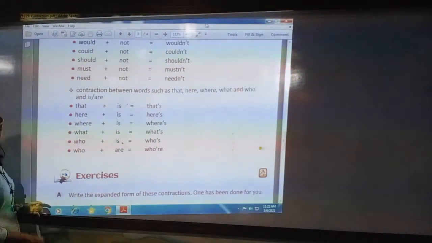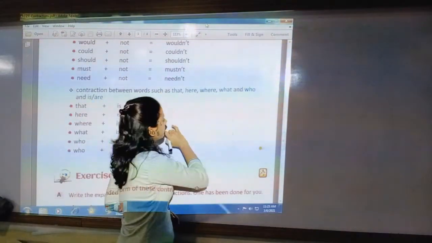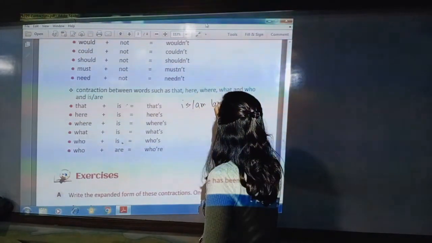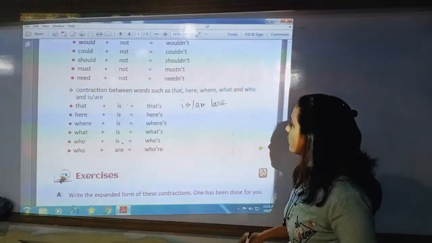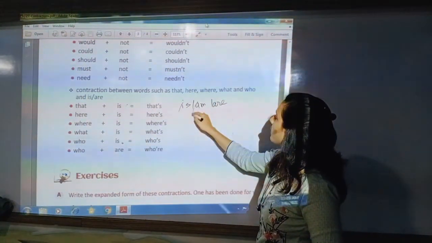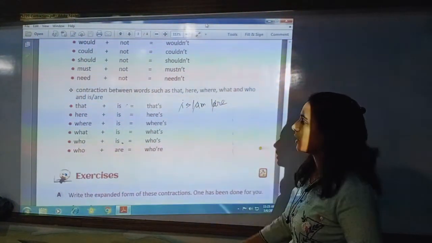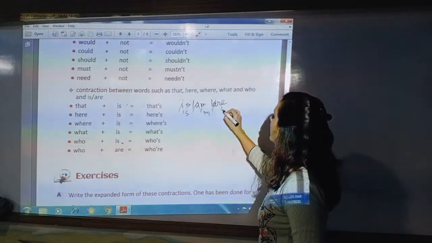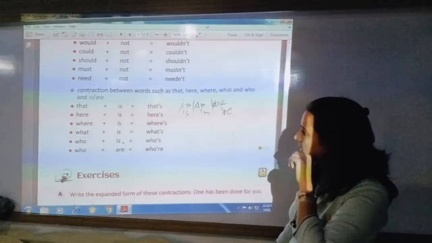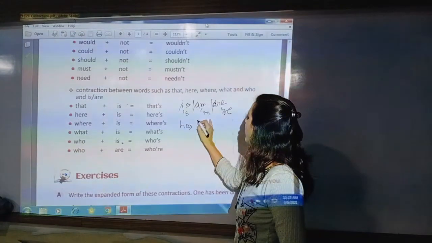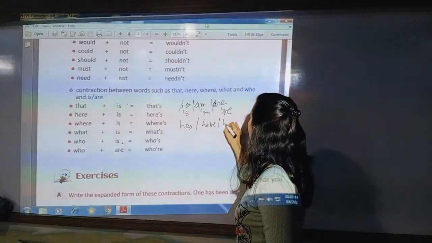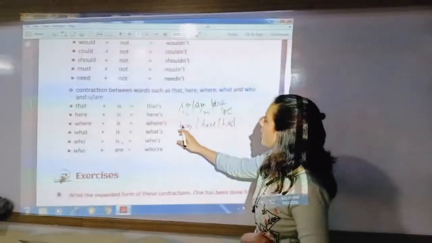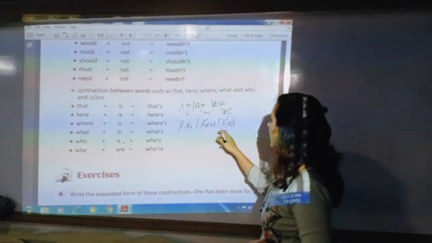Let us revise it. First, if is, am, are is given, then what will we do? We will remove the first letter and it will be apostrophe S, apostrophe M, apostrophe RE. Next is has, have, had. Here we will remove the two initial letters, HA, HA, HA.